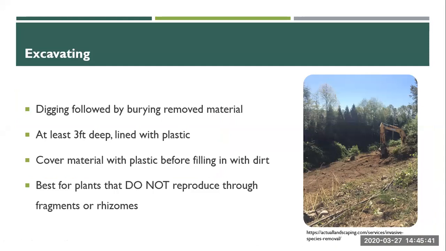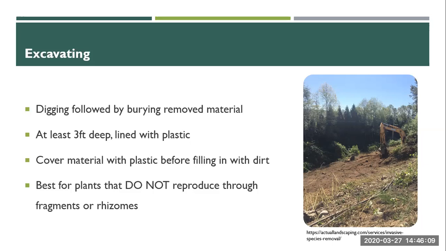Next, we have excavating. So you can dig up the plant material, and then once it's dug up from the ground, you can dig a big hole, about 3 feet deep, and then line that hole with a thick plastic. Then you can place the removed material into the hole, cover it with plastic before filling it with dirt, and that should kill off the plant and prevent it from resprouting.